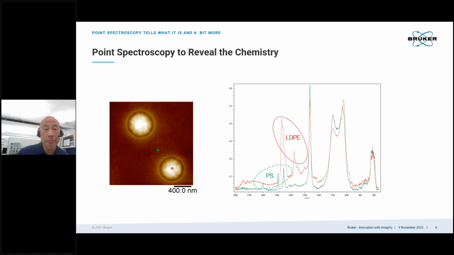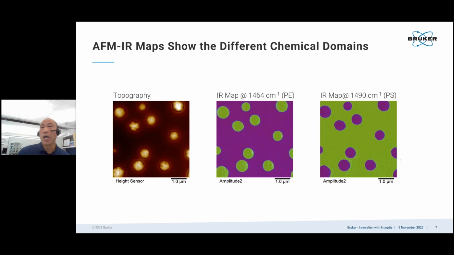That's one mode. The other mode is, if we pick a wave number, for example 1490-93-ish, we can take a map. If we take a map at 1490 centimeter inverse, you can see the matrix lighting up, so that's the polystyrene part.